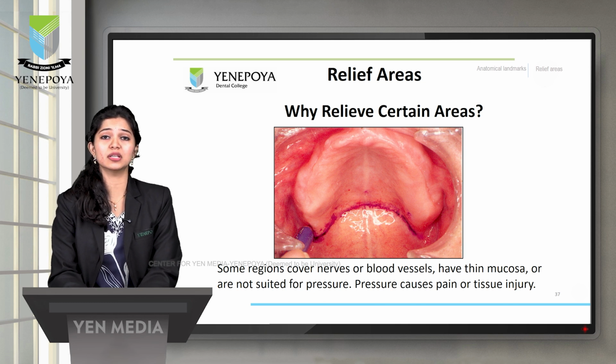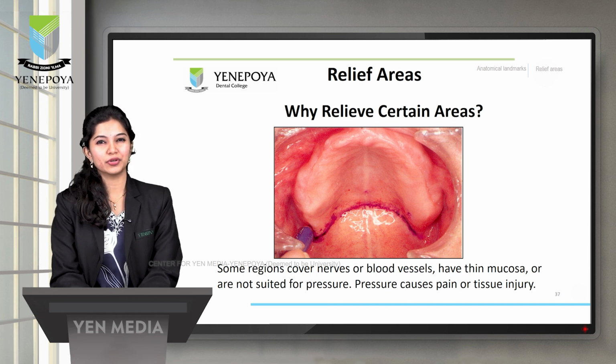When we have certain areas for stress bearing, why do we need to relieve certain areas? That's because some regions cover nerves and are not capable of taking load. There could be important nerves or vessels passing by, and we need to relieve those structures when constructing a denture, because impingement on them would cause soreness, inflammation, irritation, and redness in the patient's mouth.